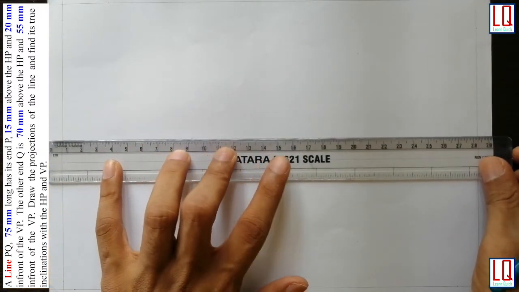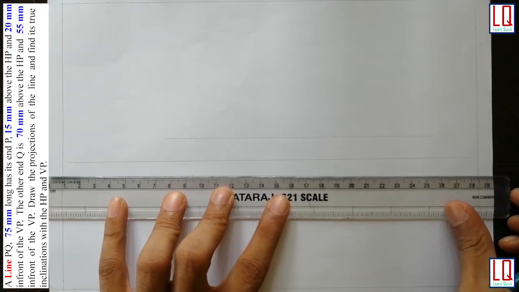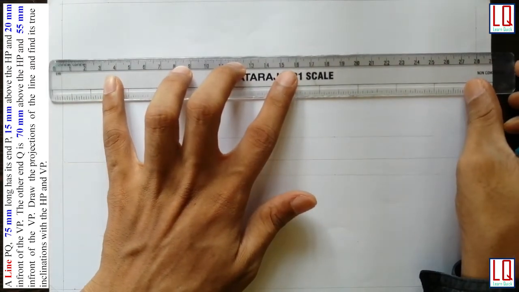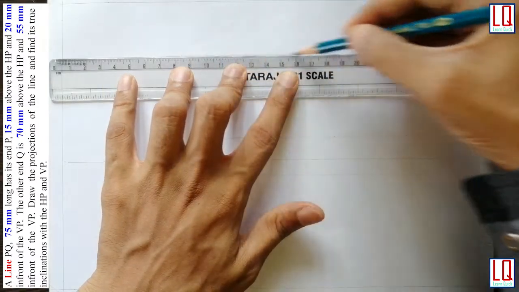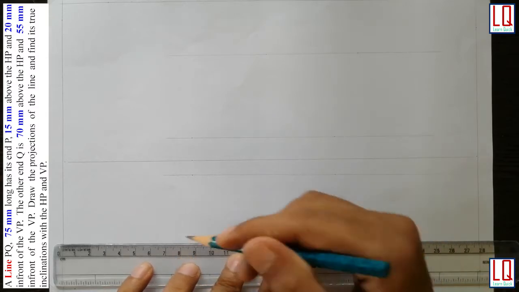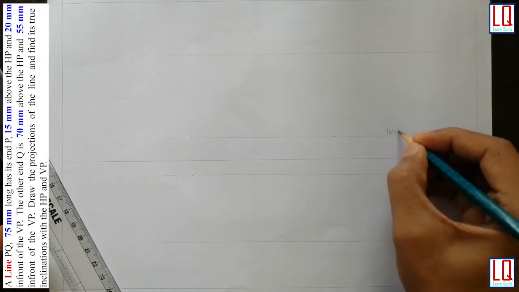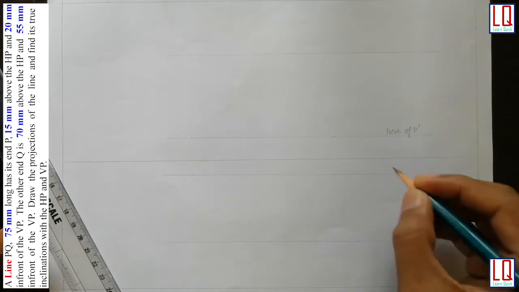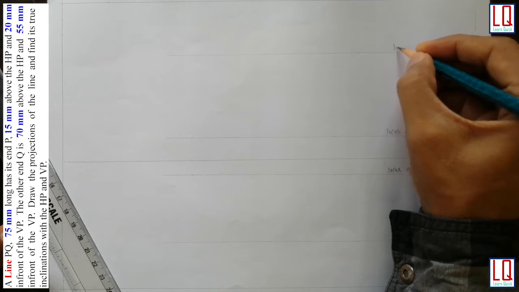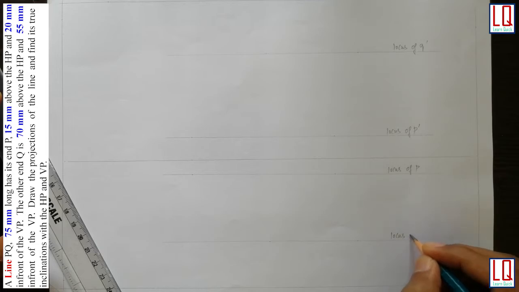Now draw the locus of P dash, locus of P, locus of Q dash and locus of Q.